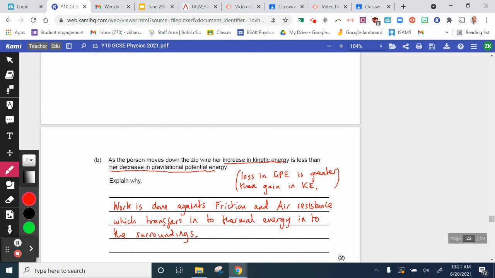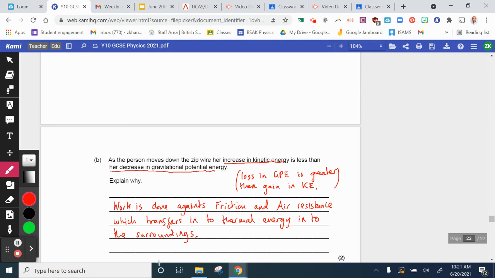So where is it going? That's the question. Some has probably gone as friction between the cables, and some has gone as air resistance as you're falling through the air. So work is done against friction and air resistance.